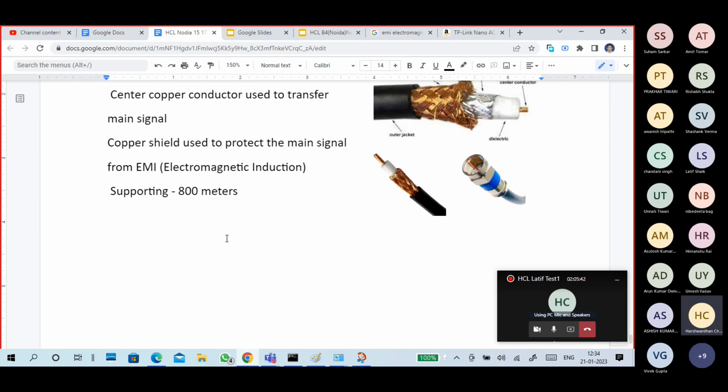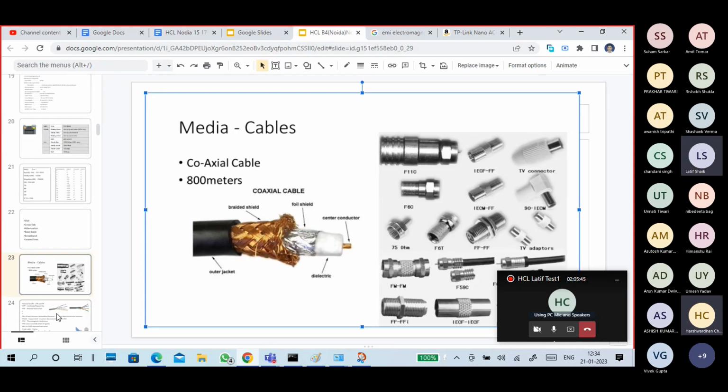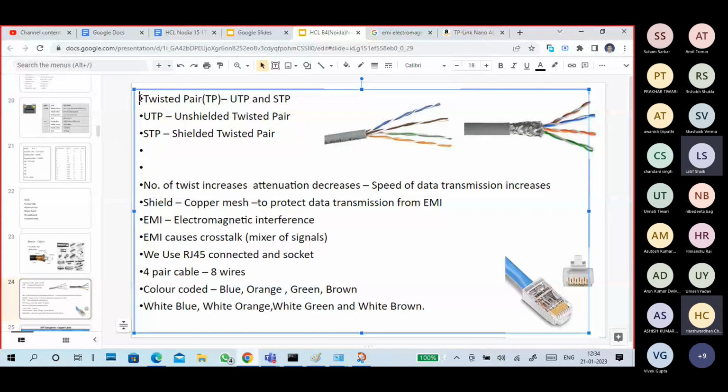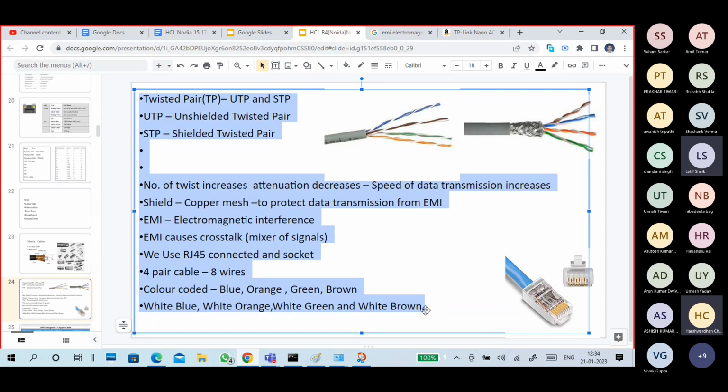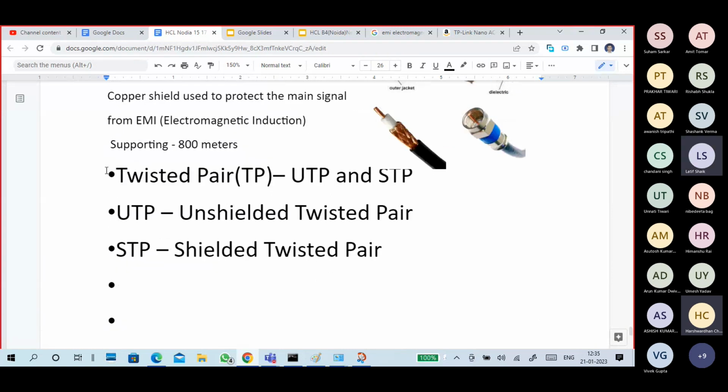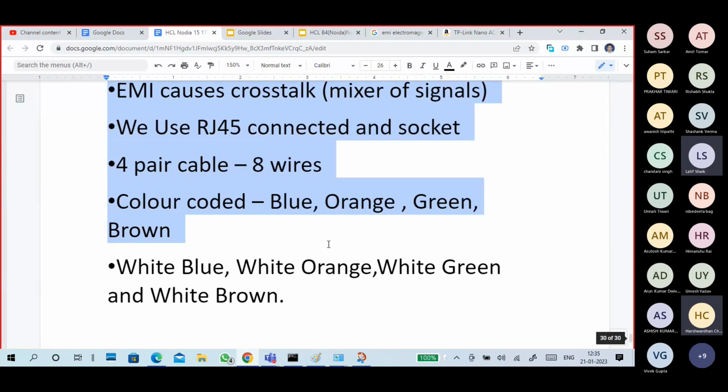We are using twisted pair cables like this. What are twisted pair cables?